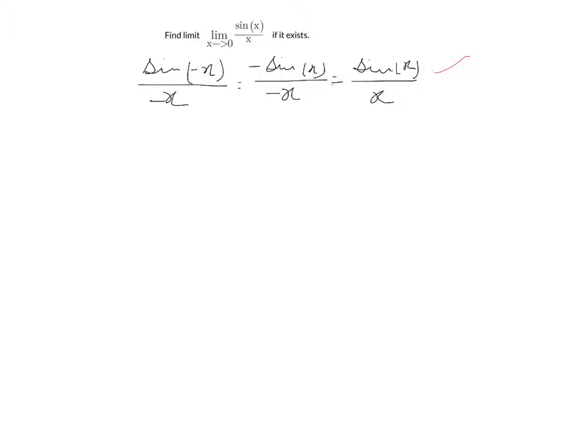Let us construct a table for the right hand limit for sine x over x as x approaches 0, and the table would be x, sine of x over x.